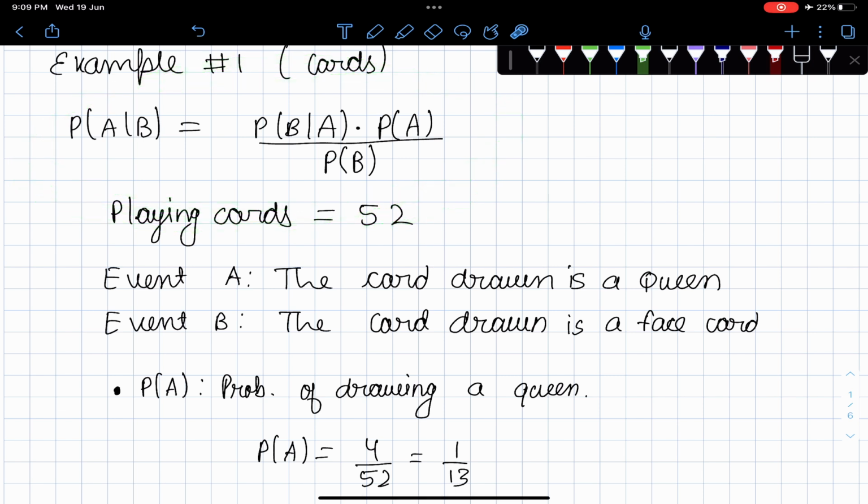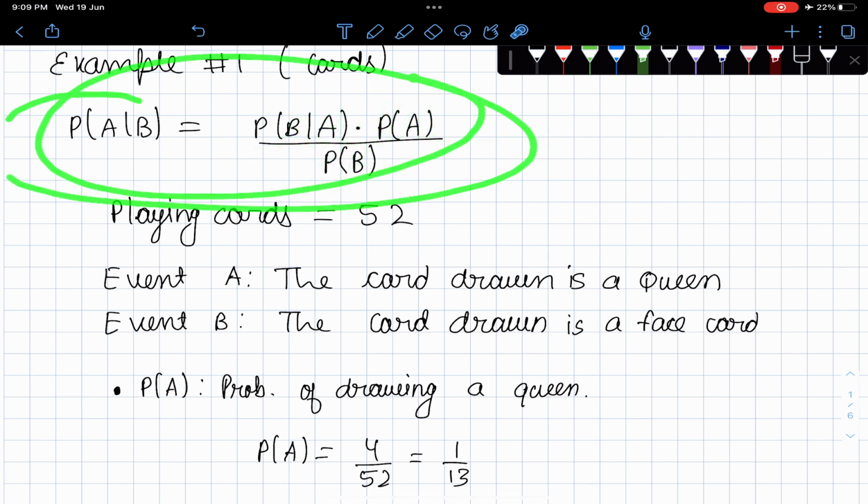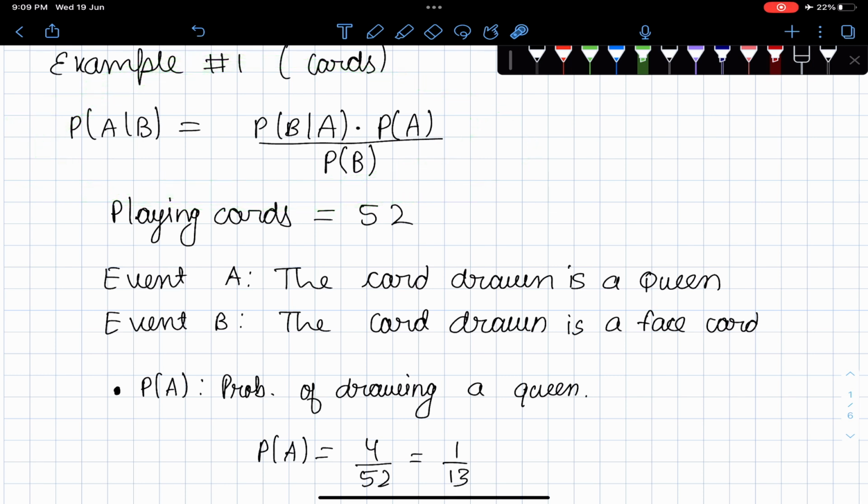It says that the probability of an event given that another event has already occurred is the probability of B given A, times the probability of A, divided by the probability of B. I know you know it very well, and you don't have to overcomplicate things. Now let's get into the first example.